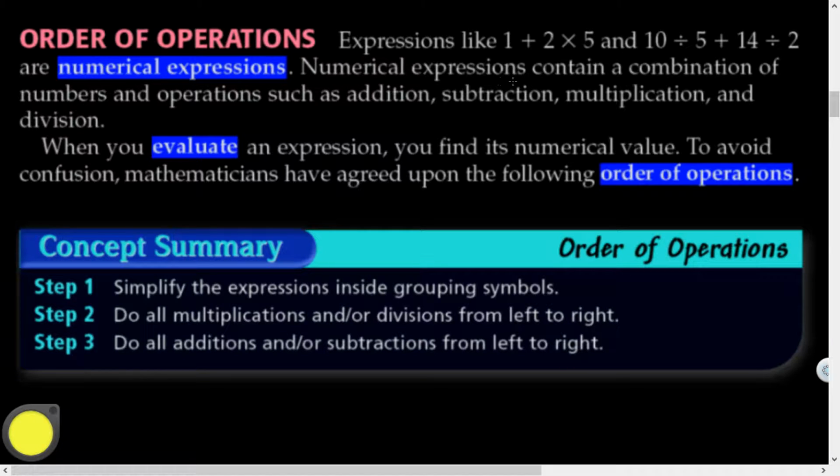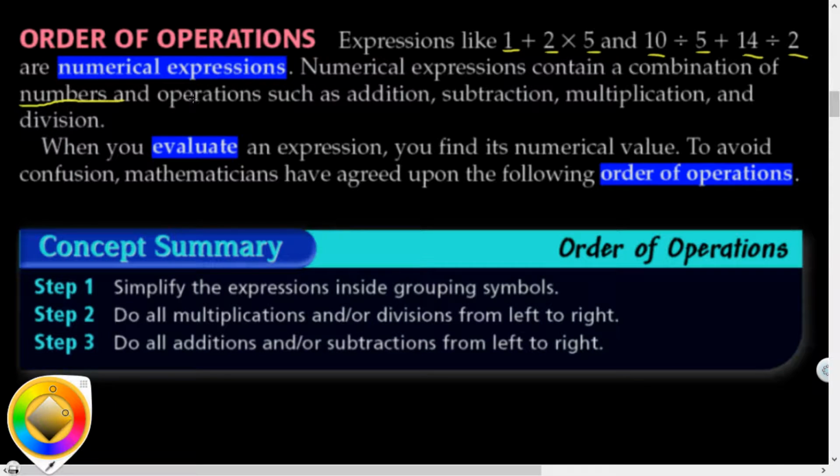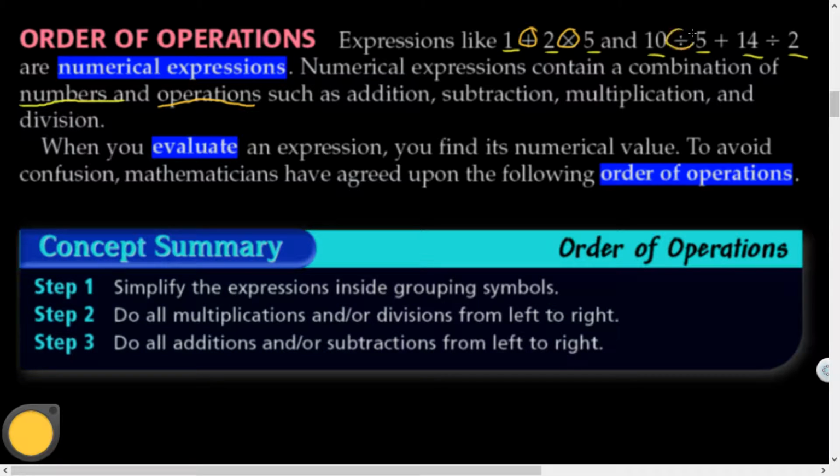So let's see, numerical expressions contain a combination of, like I said, numbers. So that's the 1, the 2, the 5, right? 10, 5, 14, and 2. Numbers and operations. All right, operations are the plus, the times, the divide, the plus here. Man, I'm going to get better at drawing as my videos go on, right?